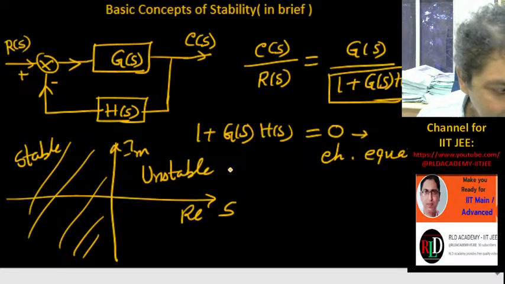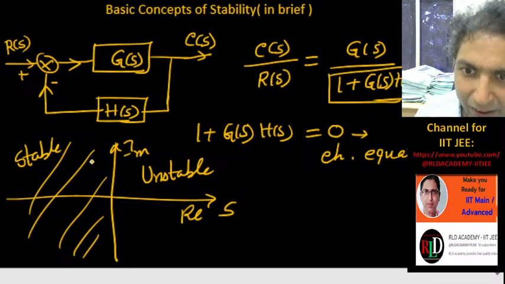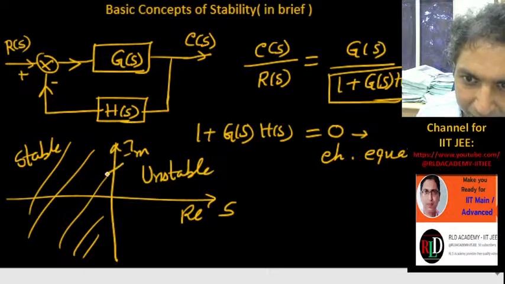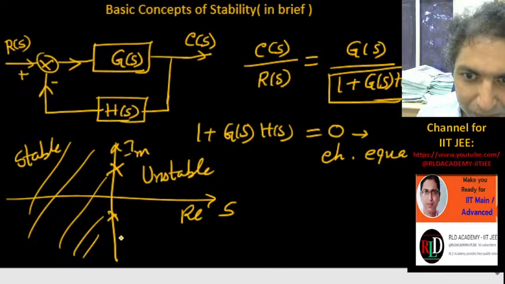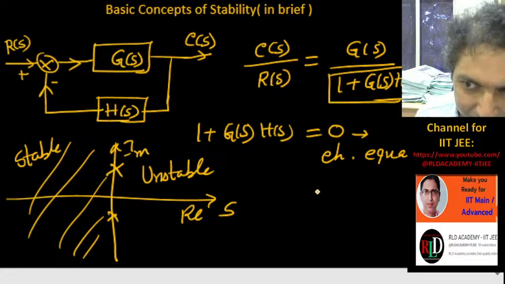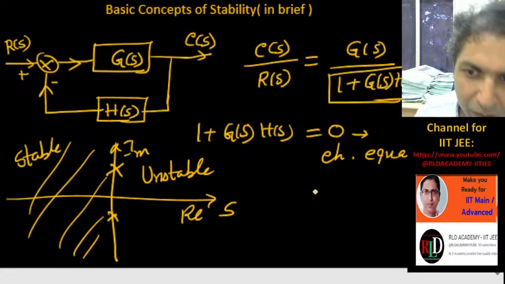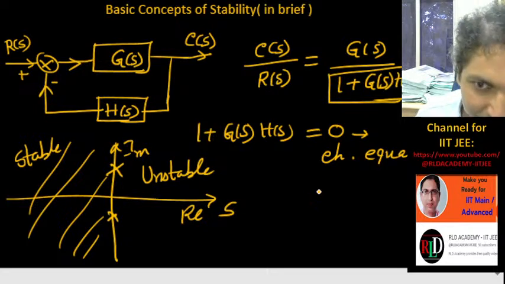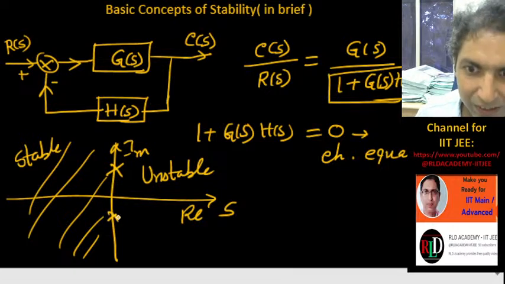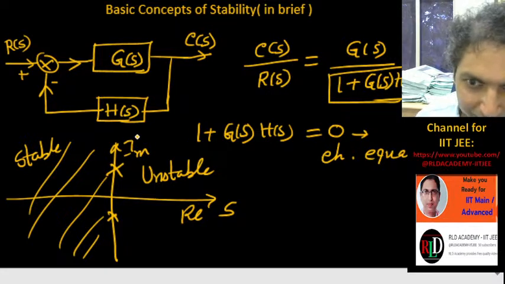Right? So this is the situation, and if any pole is on the imaginary axis, suppose I have one pole here or here, at that time we will call it marginal stability or critically stable system. Critically stable, conditionally stable or marginally stable, the meaning is the same, if roots are on the imaginary axis. So this is the concept. Now we will work on this concept only. We will try to find the roots of the closed loop system.